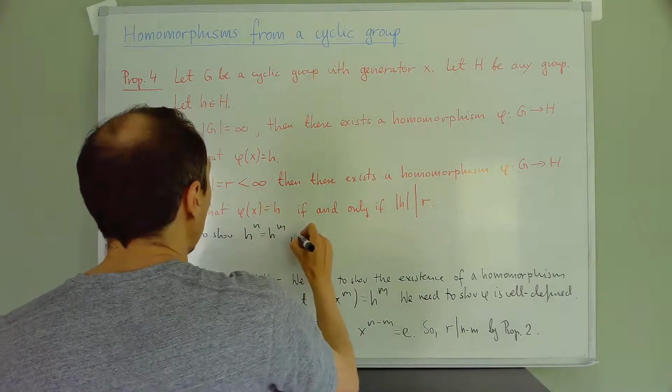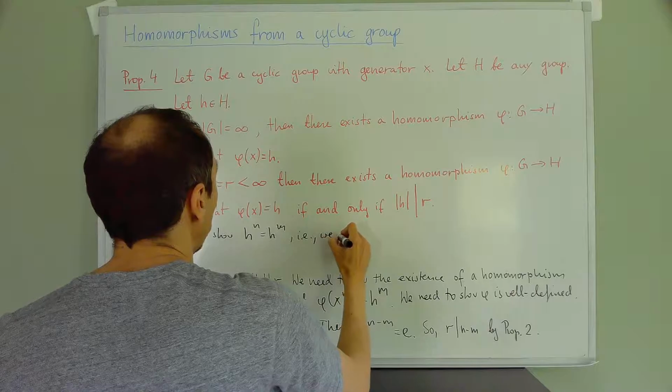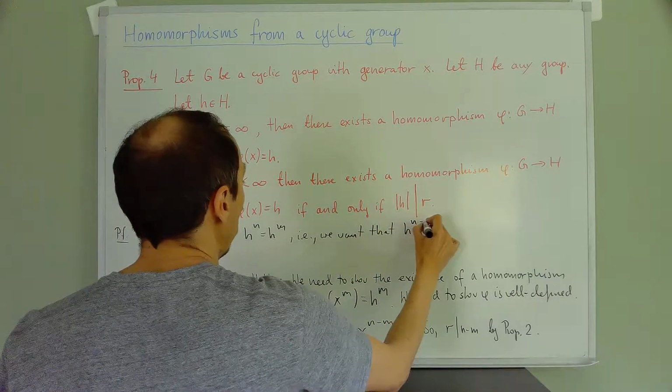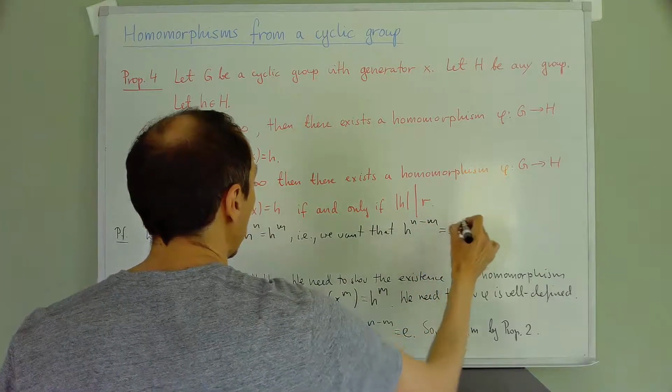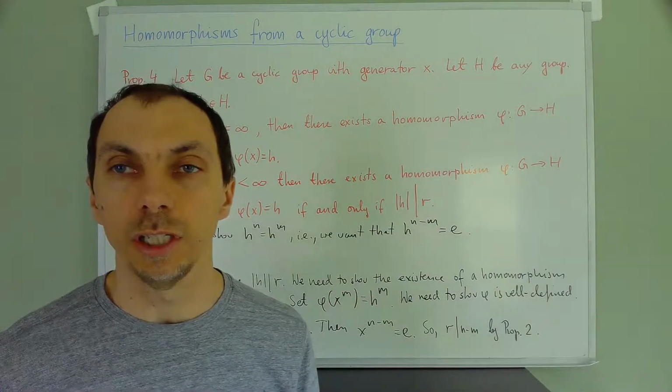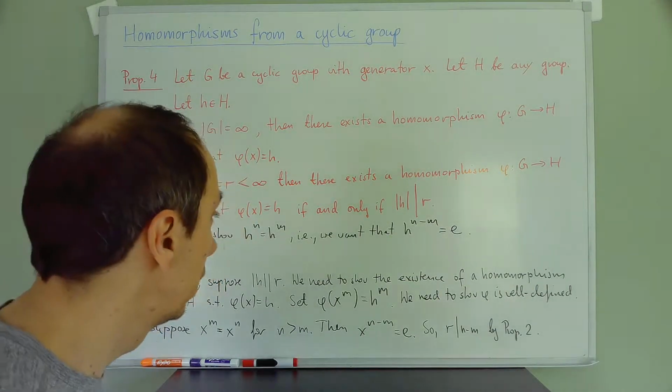I.e., we want that h to the n minus m is the identity. That is what we would need to prove that this map is well defined.